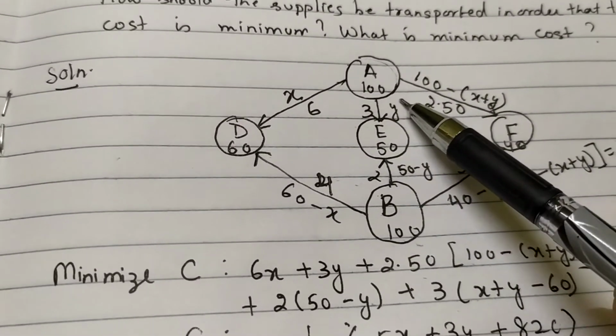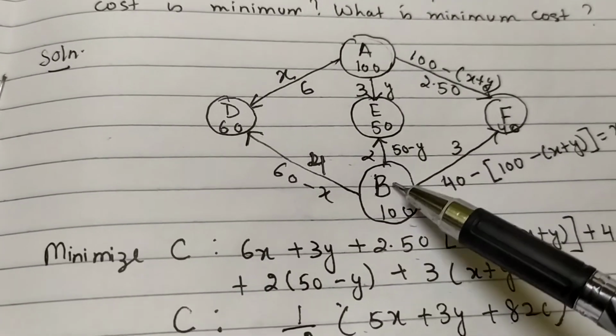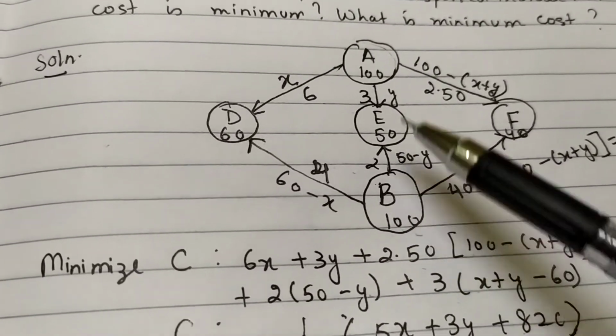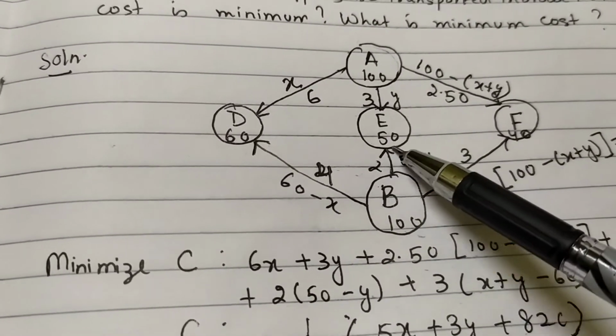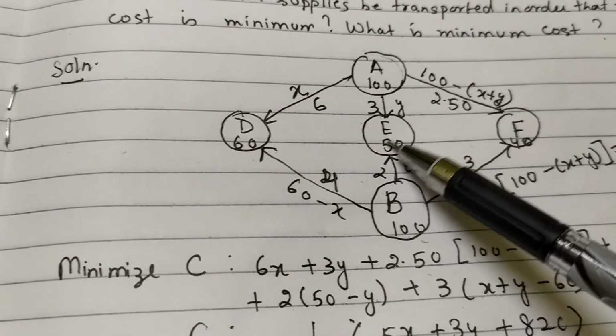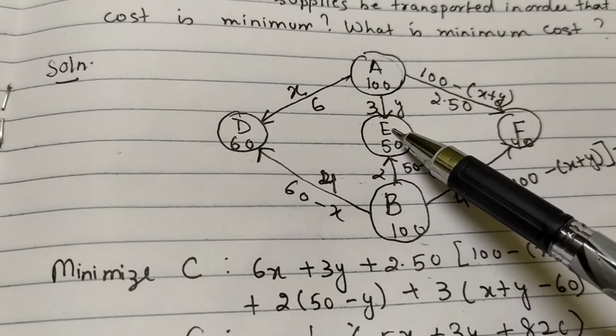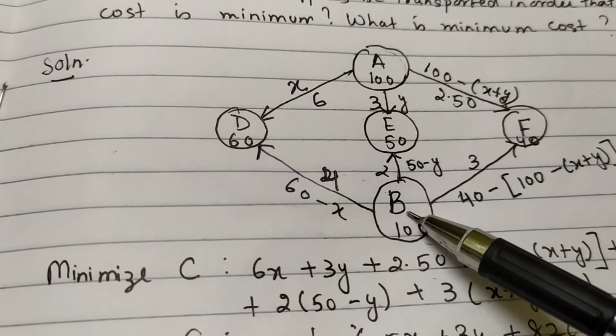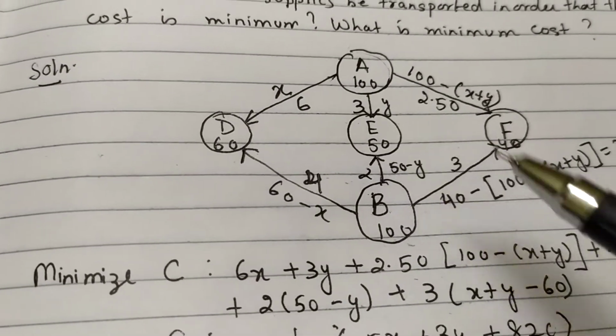So now we will be transporting from B to E 50 minus Y, because 50 is the requirement of ration shop E.